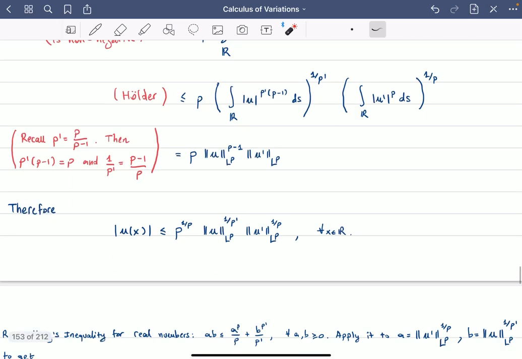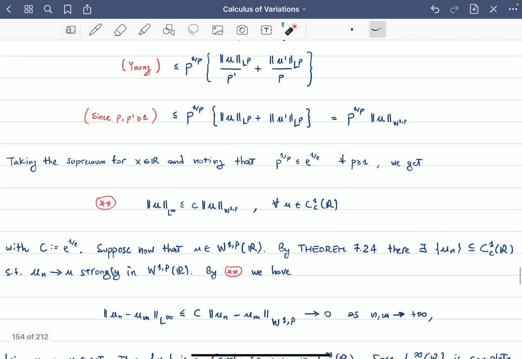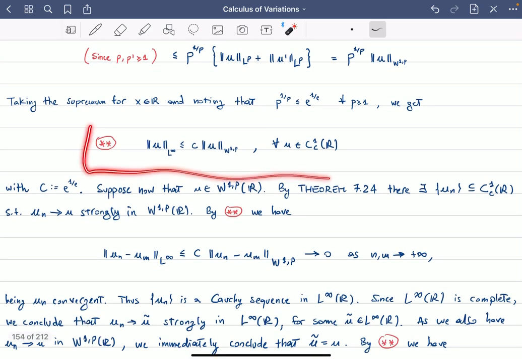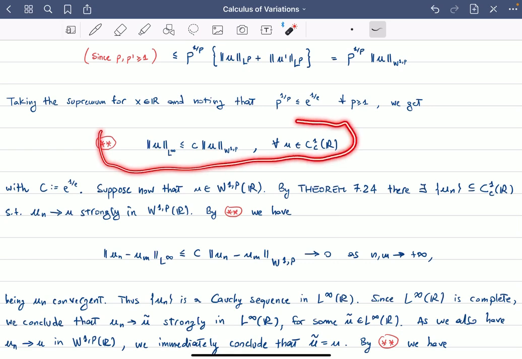But now that we obtain this for all the functions in C^1_c, and we also know that the C^1_c functions are dense in W^{1,p}, we can easily pass to the limit by density and extend this estimate to the whole W^{1,p}.